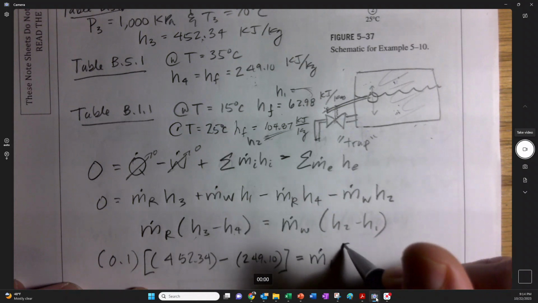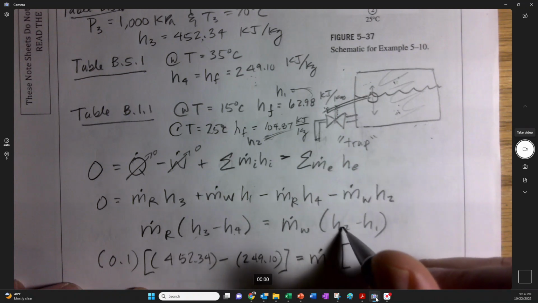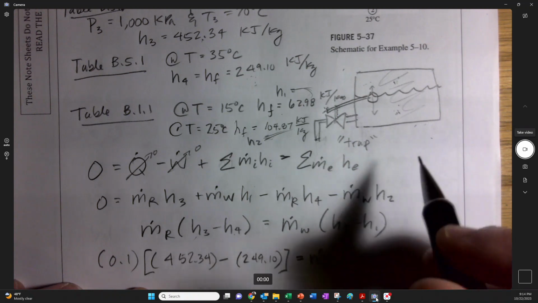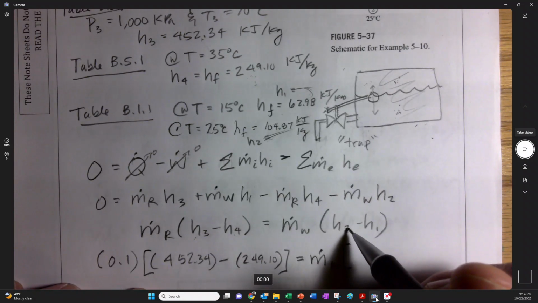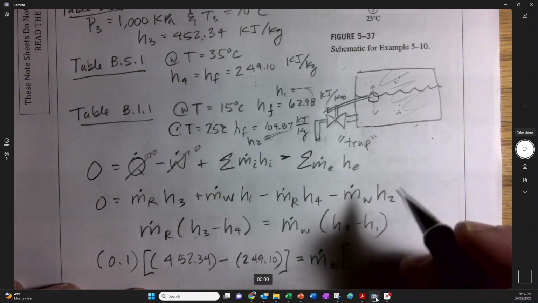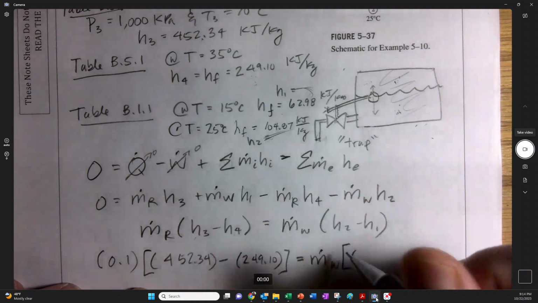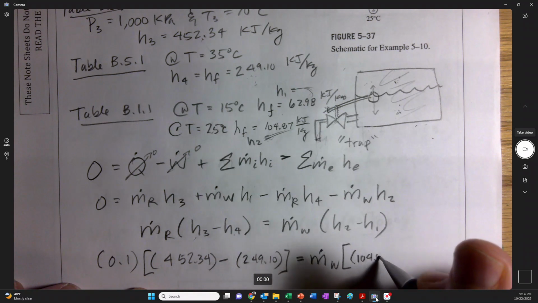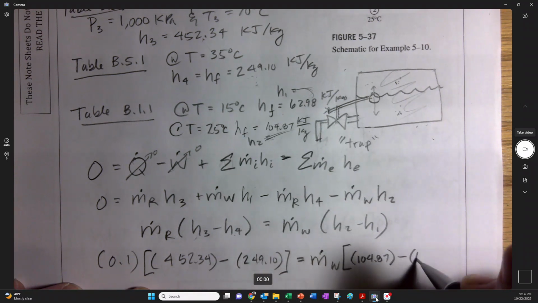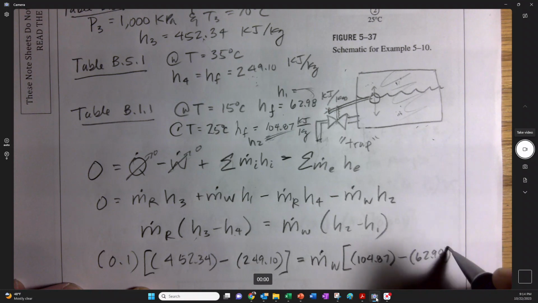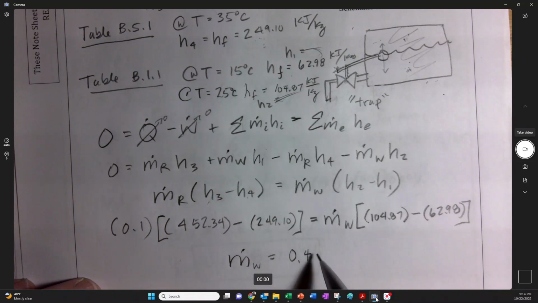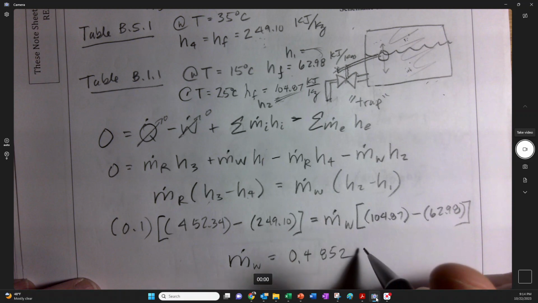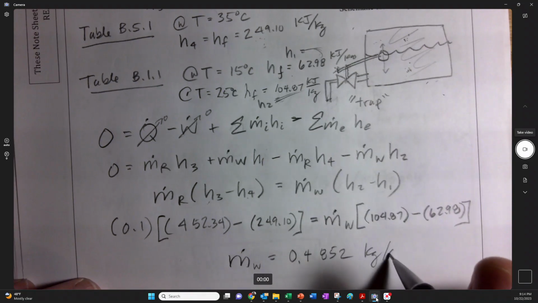We could also do Cp delta T for this, since we're only changing from 15 degrees to 25 degrees, but we looked up the enthalpy. That's totally fine either way. We could find m dot water is 0.4852 kilograms per second.